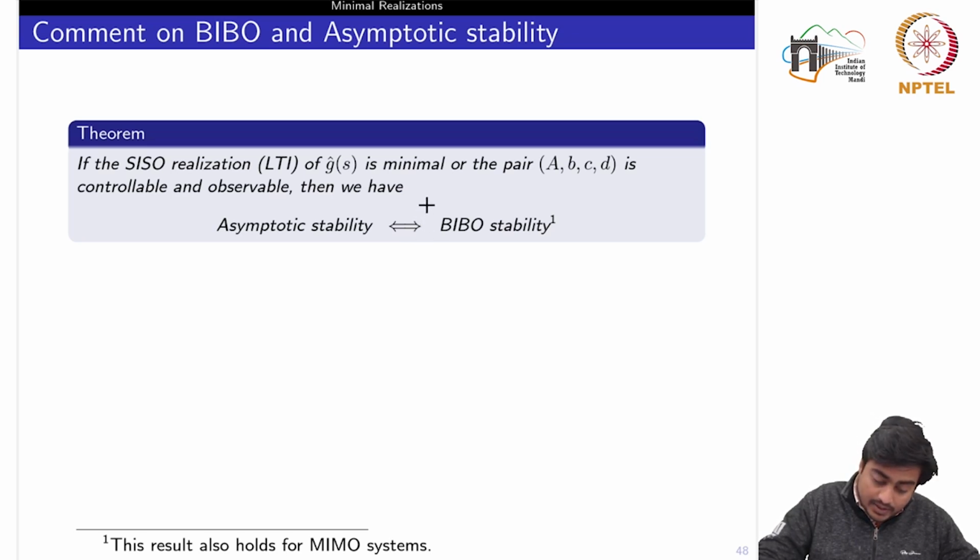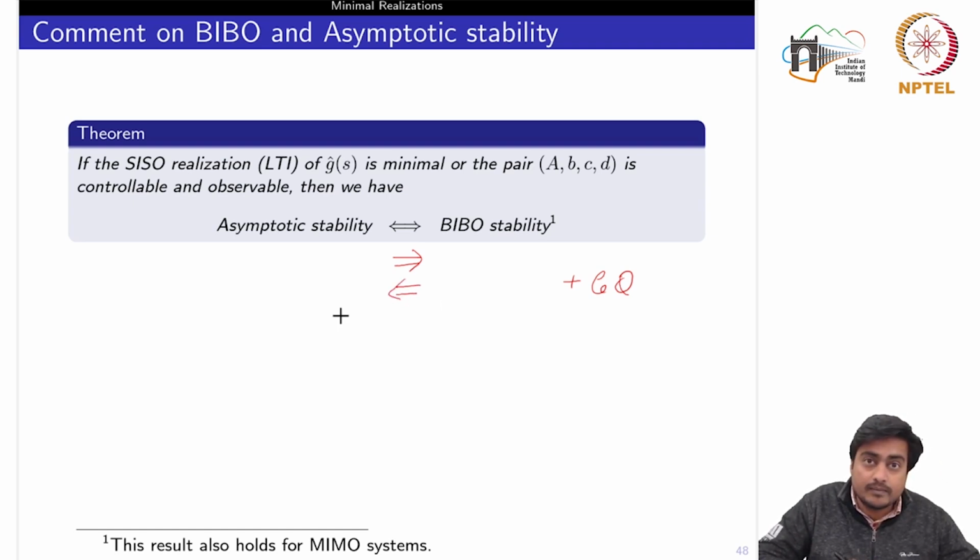So the additional condition we were talking about is this: we know that if the system is asymptotically stable, the implication to BIBO stability holds. Now if the system is BIBO stable plus controllability and observability is also satisfied by the pair, then the reverse implication would also hold.